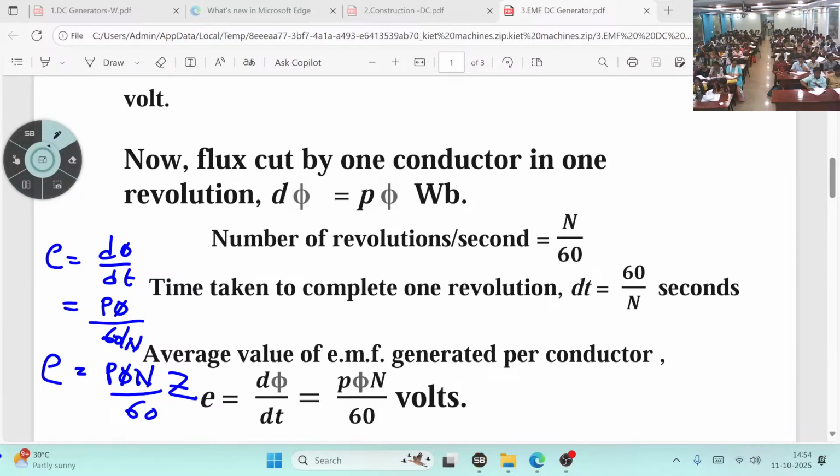Now parallel paths are there. We have to divide by the number of parallel paths, pertaining to lap winding and wave winding.